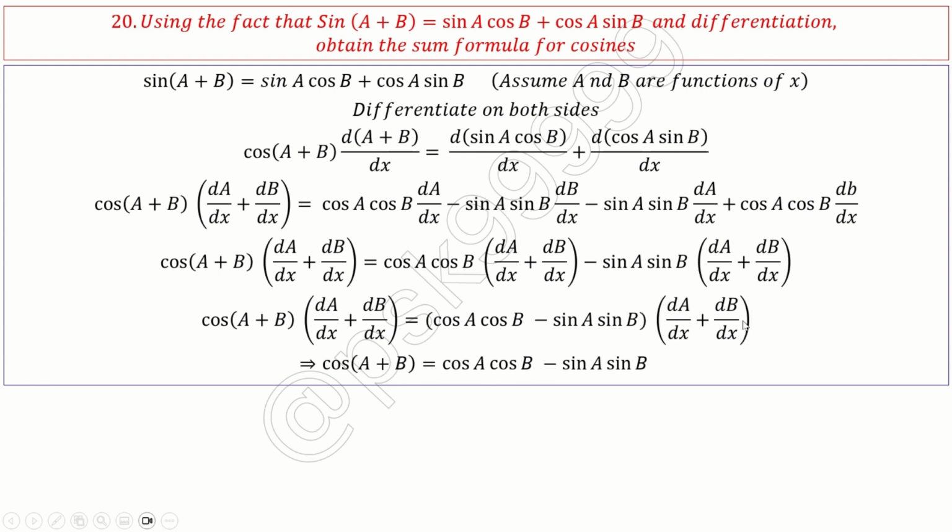Okay, so if I take it common and cancel dA by dx plus dB by dx on both sides, I am left with cos of a plus b equal to cos a into cos b minus sin a into sin b. This is what is the definition of cos a plus b, correct, in trigonometry. So hence proved. Next.